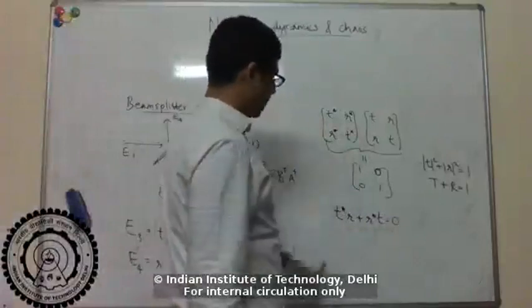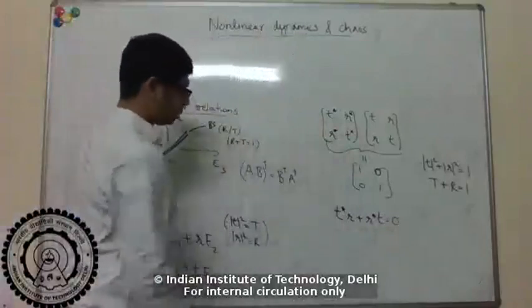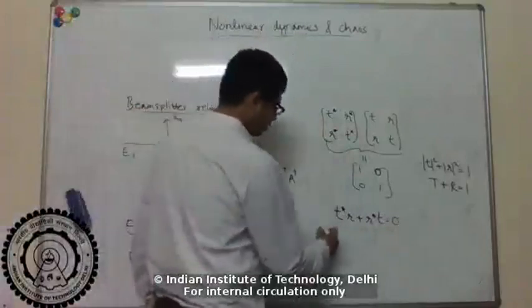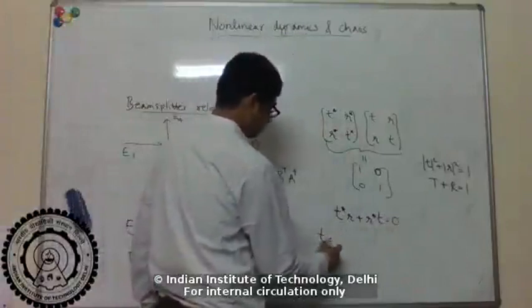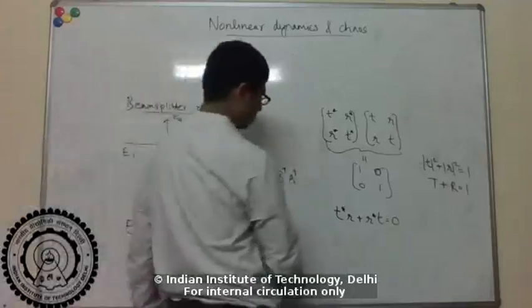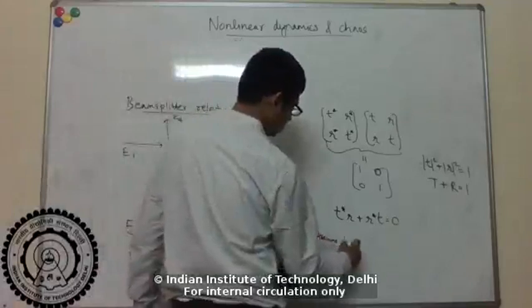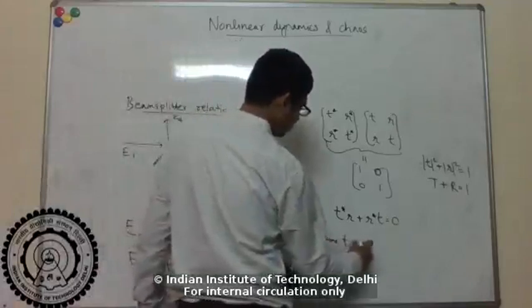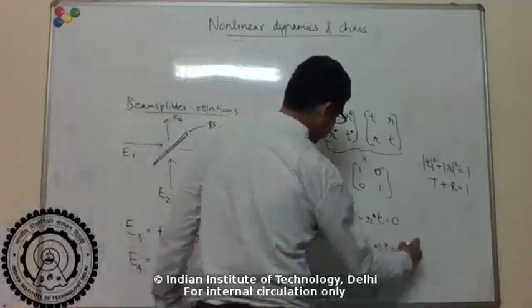Without loss of generality, in general we have two complex numbers, and we can assume one of them to be real. So let's say assume T is real, which means T is equal to T conjugate.